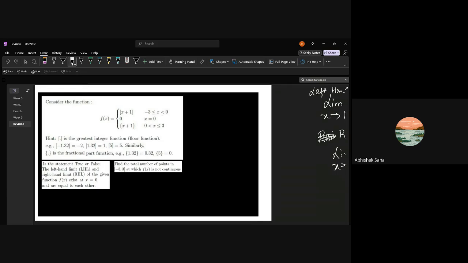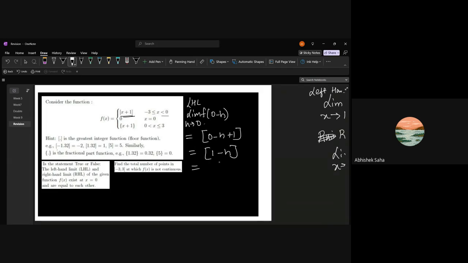So let's calculate left hand limit, LHL: limit h tends to 0 f of 0 minus h. I will take a number which is less than 0, so this function will be invoked. Over here we write 0 minus h plus 1, the greatest integer of 1 minus h.